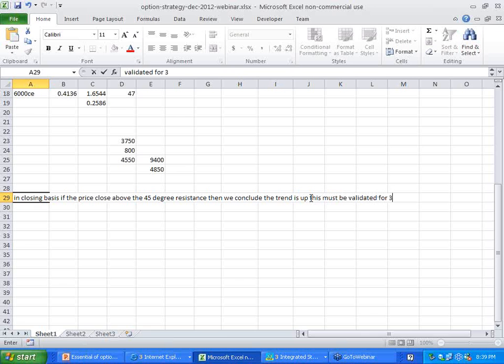Trade for 3 days to confirm that trend. So in the close, and vice versa. This is what W.D. Gann has told.